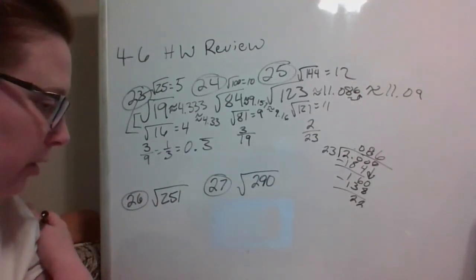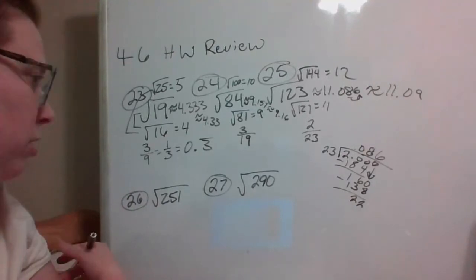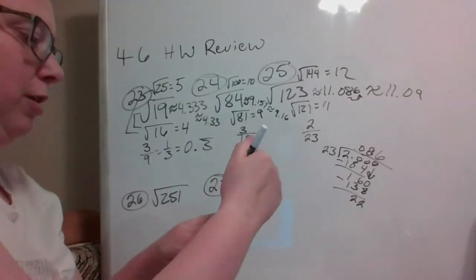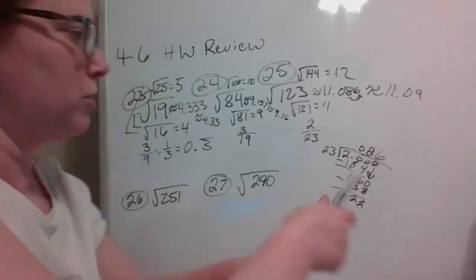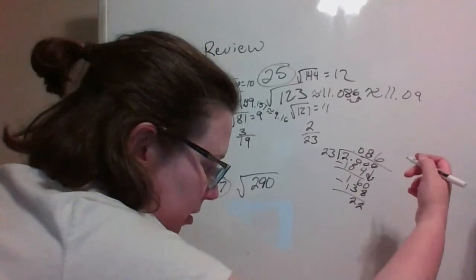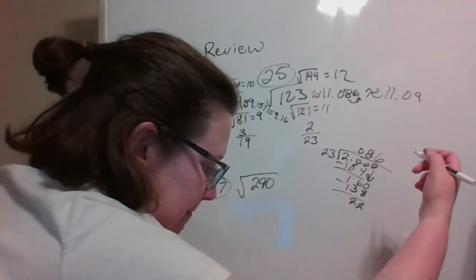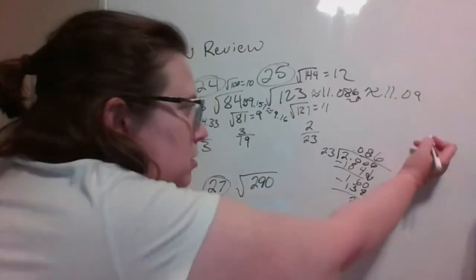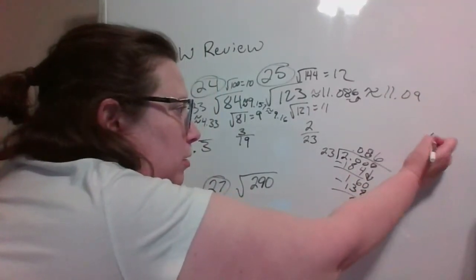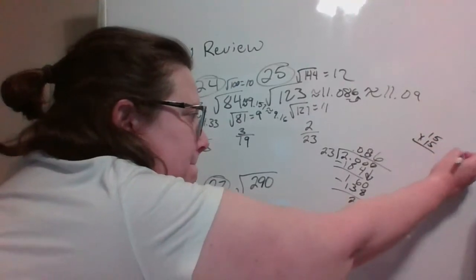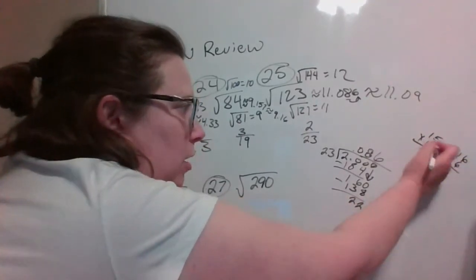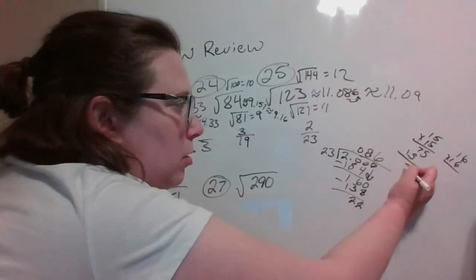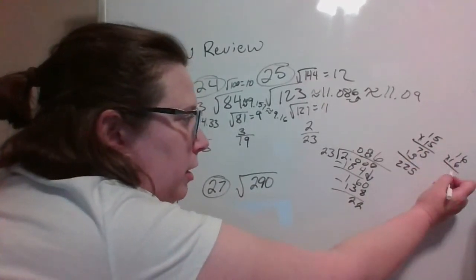Number 26 over here, we have 251, and gosh, I wish I had left these perfect squares I had figured out up here, because we need 15 and 16 this time. All right, we got that.